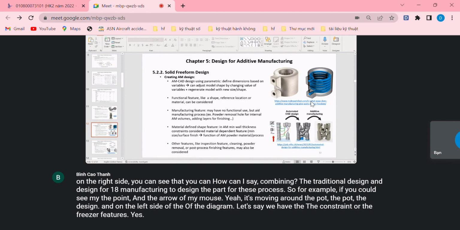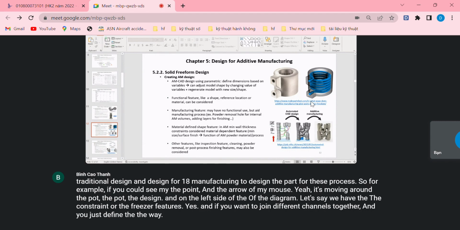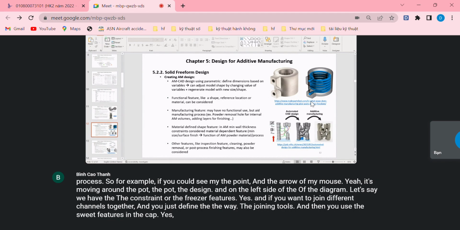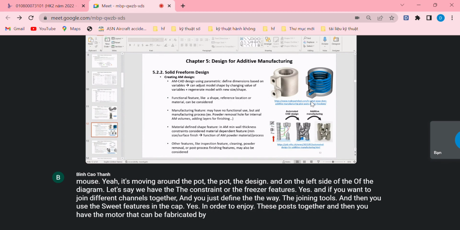Yes, and if you want to join different channels together, you just define the joining tools, and then you use the sweep features in CAD in order to join these parts together, and then you have the model that can be fabricated by additive manufacturing.